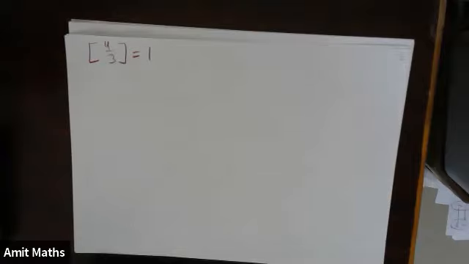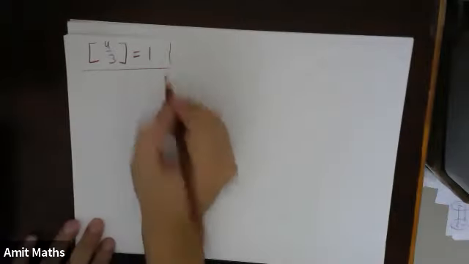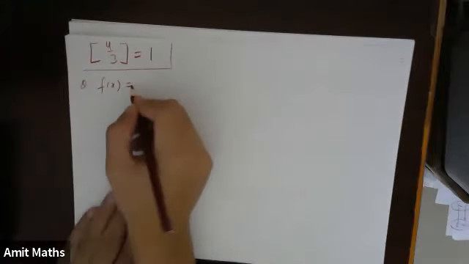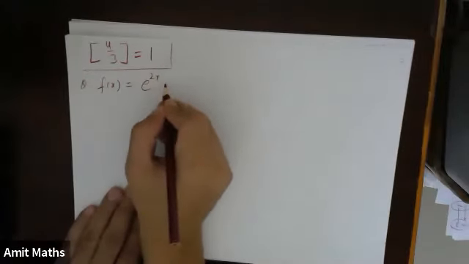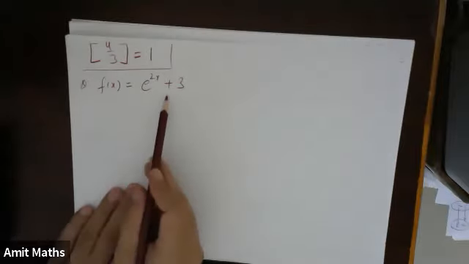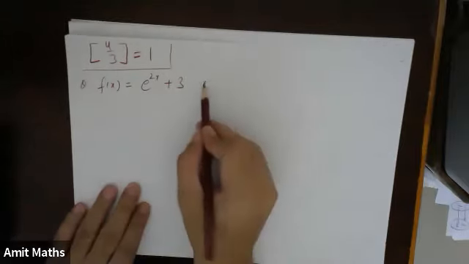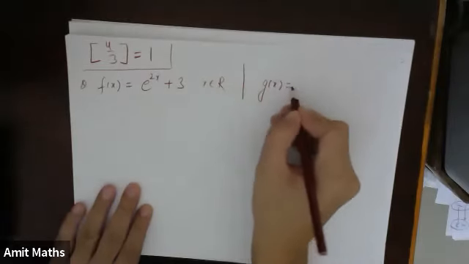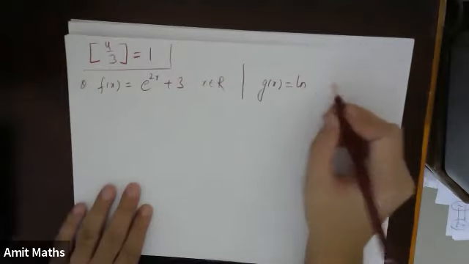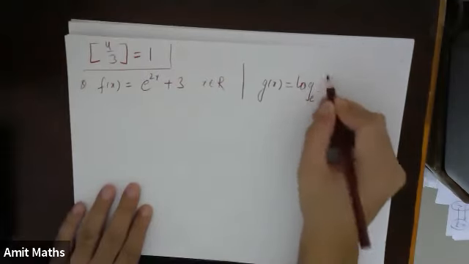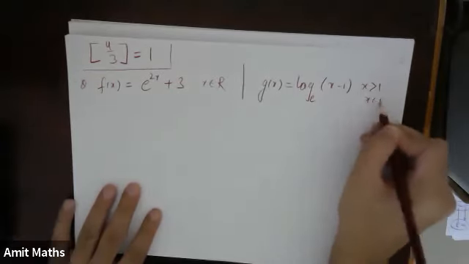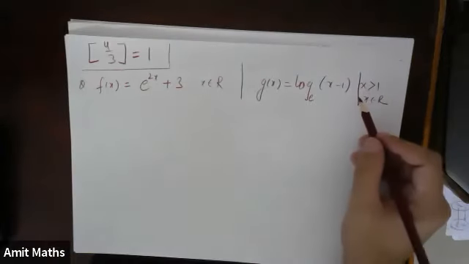The question is something like this: f of x is equal to e to the power 2x plus 3, for all x belonging to real numbers, and g of x is equal to ln, that is natural log or log base e, of x minus 1, for x greater than 1 and x belonging to real numbers.